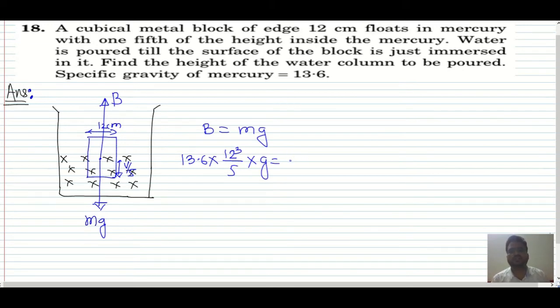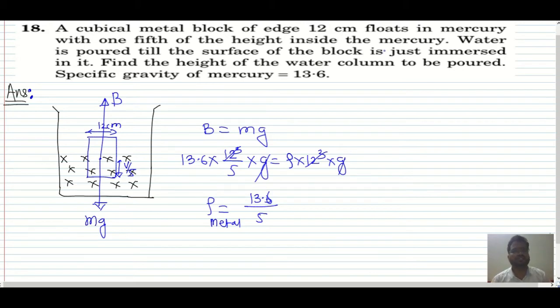Mass of the metal block is density of the metal block, rho, into 12 cube into g. So this g, this 12 cube can cancel, and rho of the metal block we have is 13.6 divided by 5.